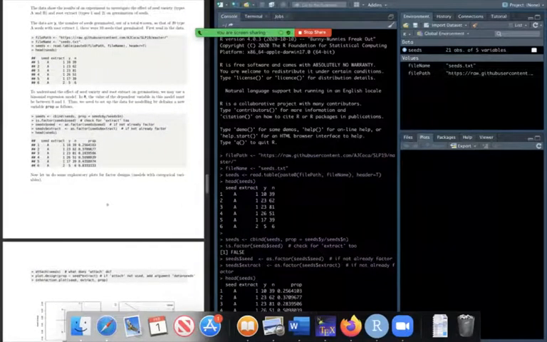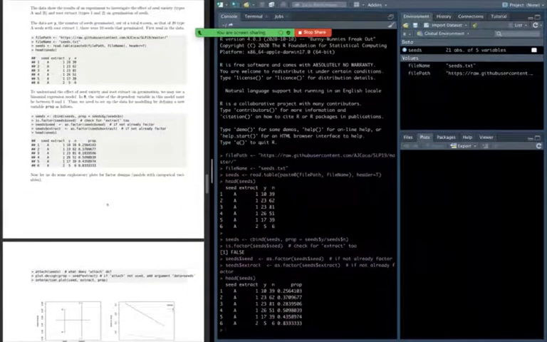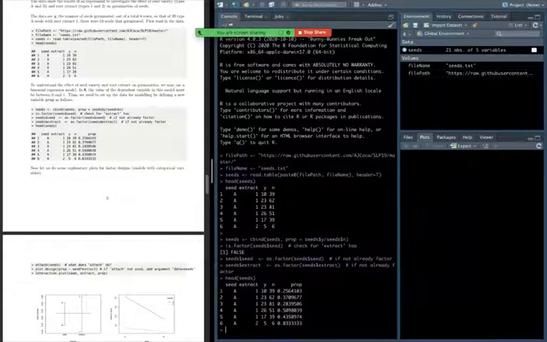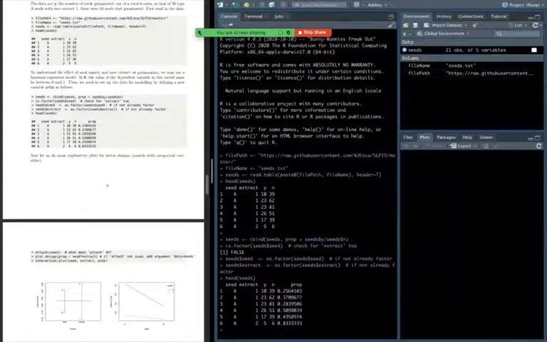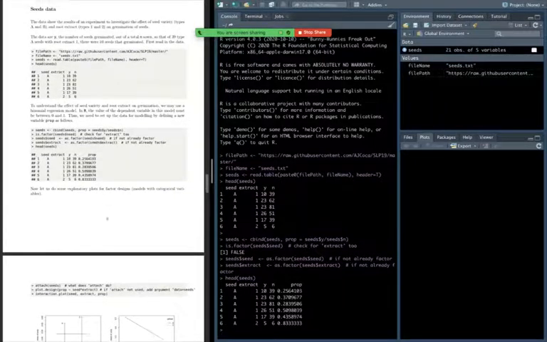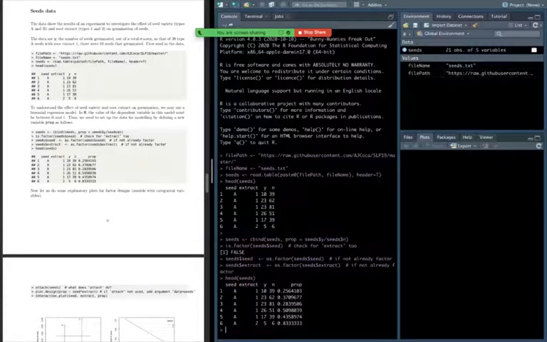So talking about the second practical, we copied this first bit, this second bit. We're looking again at the influence of these two variables on the germination.